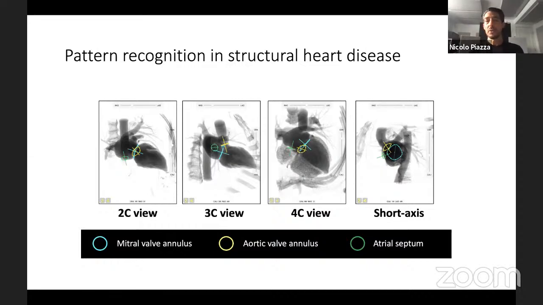On the three-chamber view, for example, you separate the aortic and mitral valve. You get the minor axis of the mitral valve. You get the minor axis of the aortic valve. And typically, it's the view where you have the atrial septum en face.